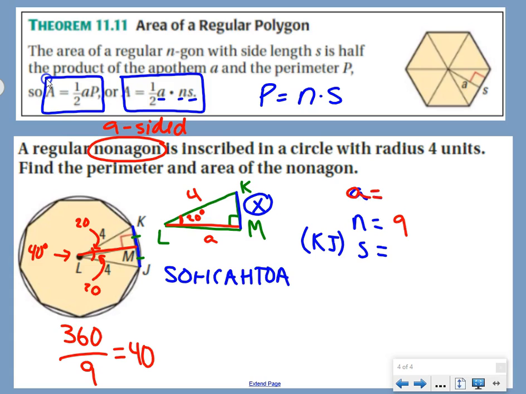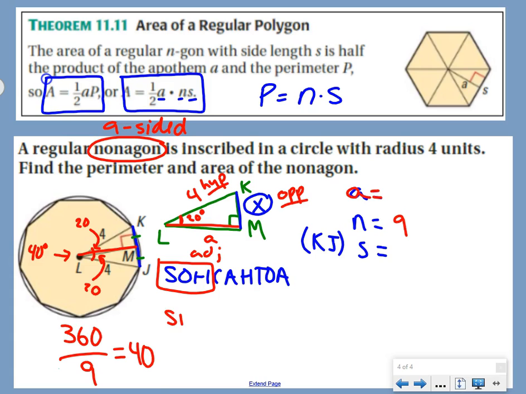Use those trig ratios. So the first one, if we want to find X, we look at our angle, 20 degrees. This is the side opposite. Our A is our adjacent, and then 4 is our hypotenuse. So if we want to find X, we're going to need to use sine because we need our opposite and our hypotenuse.